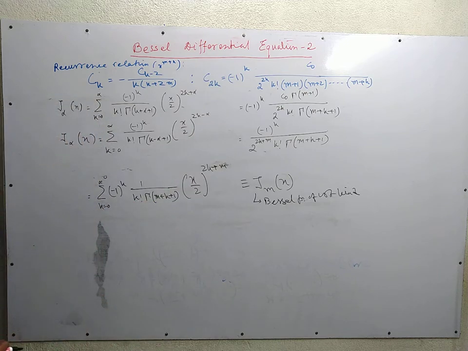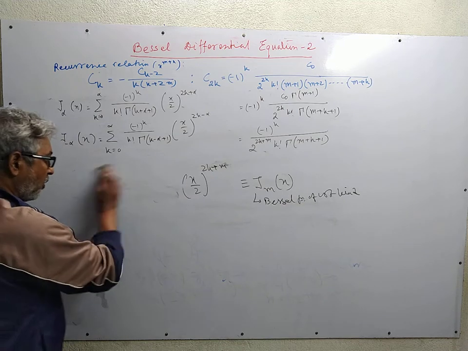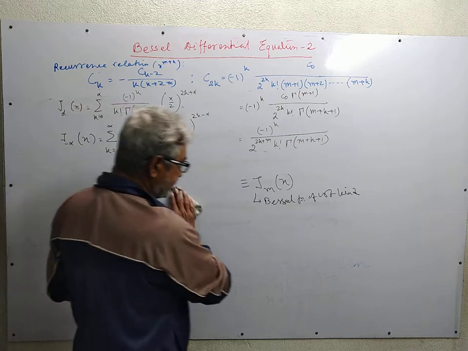These are the two solution Bessel functions. Both are the Bessel function of first kind of order plus alpha and minus alpha.